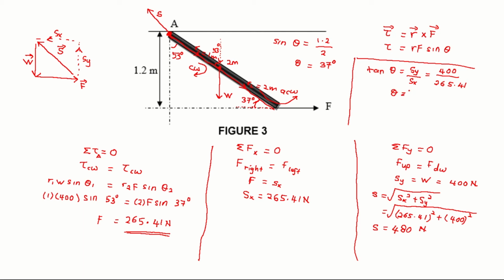Theta equals inverse tangent of 400 divided by 265.41, which is 56.43 degree. Sx is to the left and Sy upward, so angle theta here is above the negative x-axis.